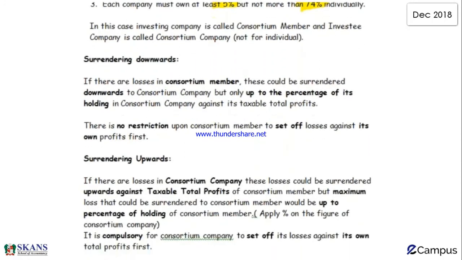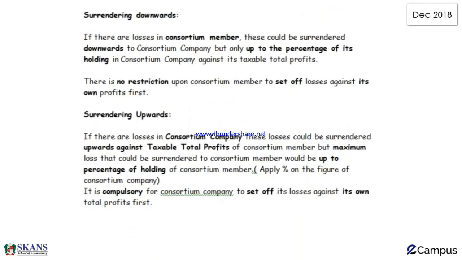All right, now we know when a consortia exists and when it does not. Let's have a look at how losses are to be surrendered and or claimed. If there are losses in a consortium member, these losses could be surrendered downwards to the consortium company, but only up to a percentage of its holding in the consortium company against its taxable total profits.